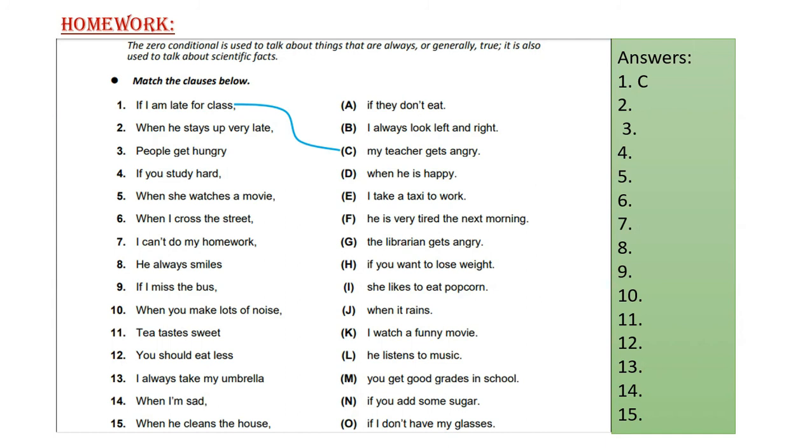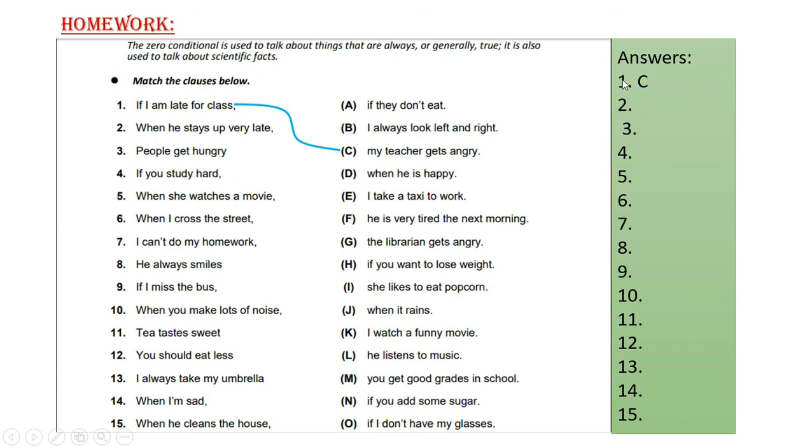Okay, that's it, everyone, for grammar today. I hope you understood what I just explained. If you're not quite sure about what I explained, you can contact me directly. Here is a kind of homework for you to practice. What I want you to do is to match number 1 to number 15 with letter A to letter O. After matching, you write down the answer over here, so it is easy for me to check.